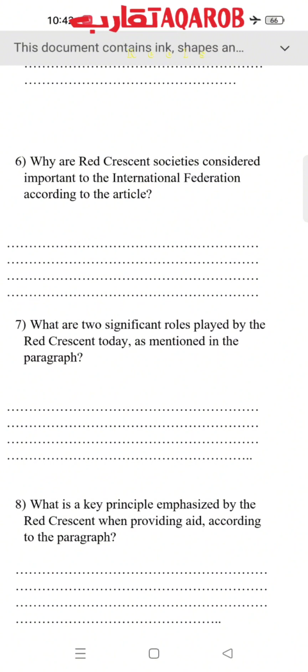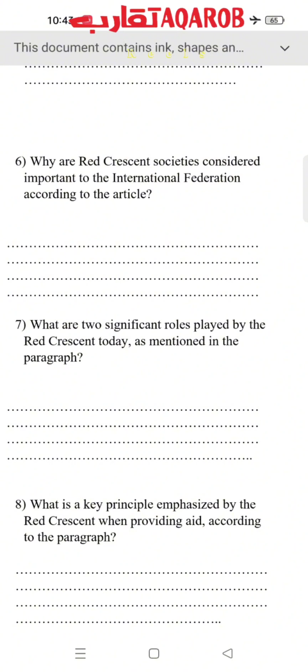Now, question number 6. Why are Red Crescent societies considered important to the International Federation according to the article?